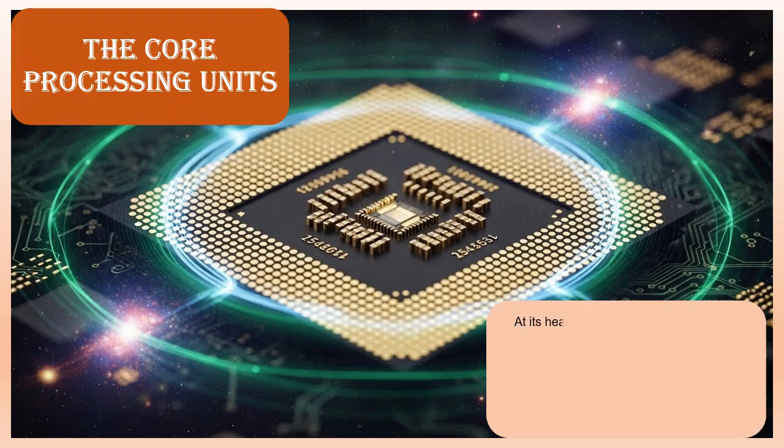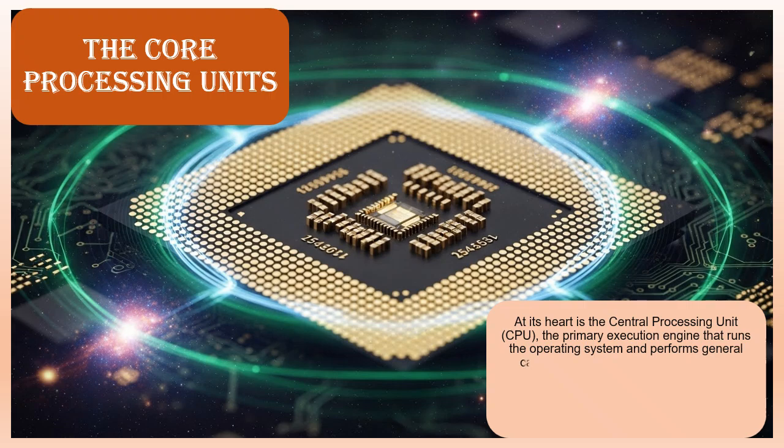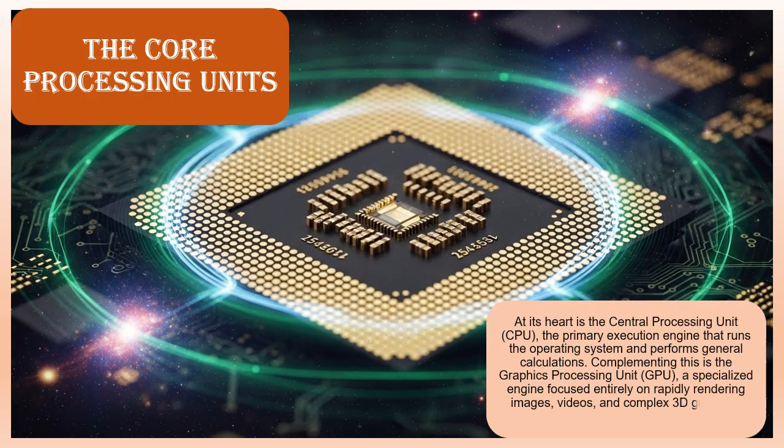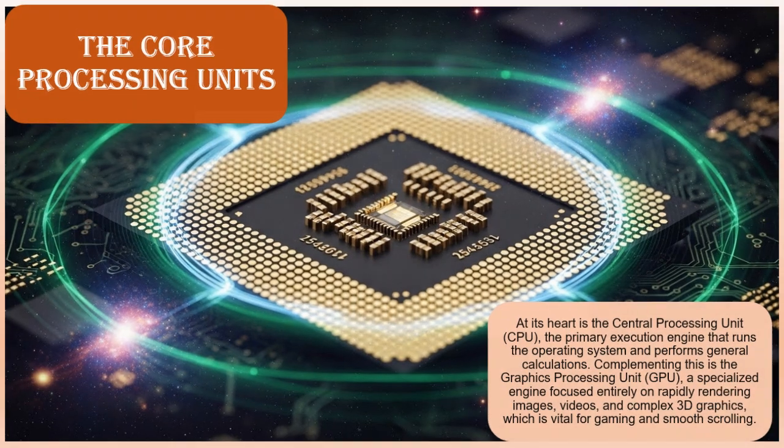At its heart is the central processing unit, CPU, the primary execution engine that runs the operating system and performs general calculations. Complementing this is the graphics processing unit, GPU, a specialized engine focused entirely on rapidly rendering images, videos, and complex 3D graphics, which is vital for gaming and smooth scrolling.